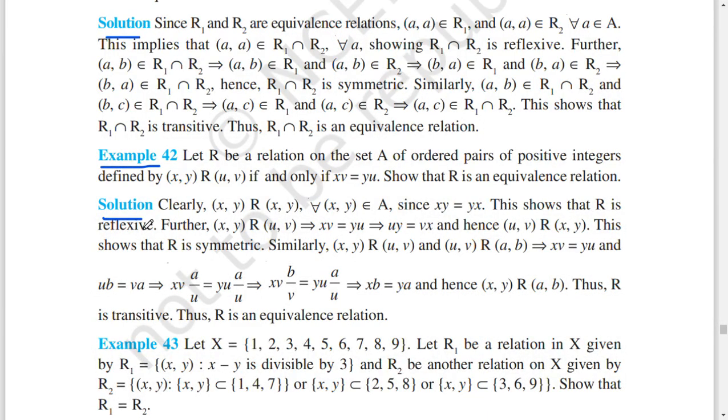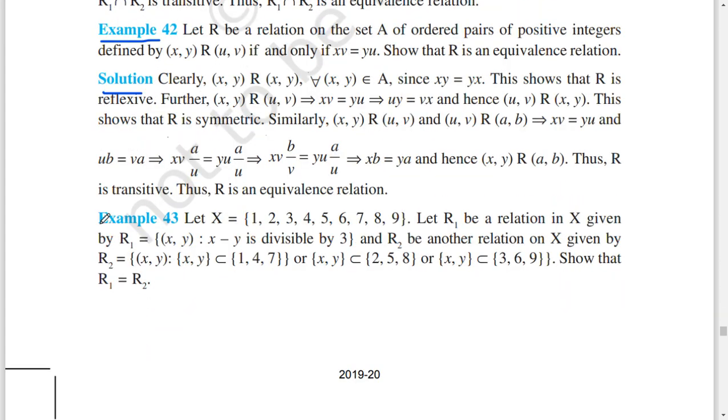Similarly, (x, y) R (u, v) and (u, v) R (a, b), that is xv = yu and ub = va, that is xv(a/u) = yu(a/u), that is xv(b/v) = yu(a/u), that is xb = ya, and hence (x, y) R (a, b). Thus R is transitive. Thus R is an equivalence relation.